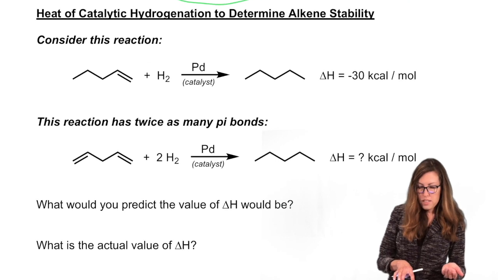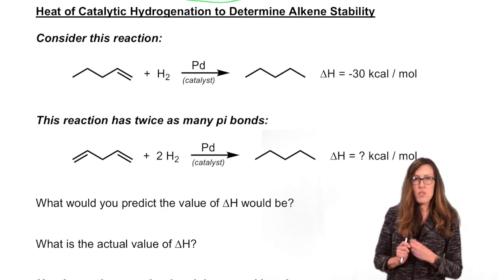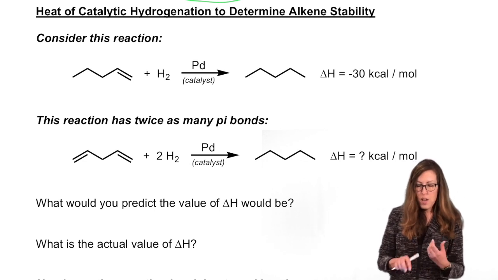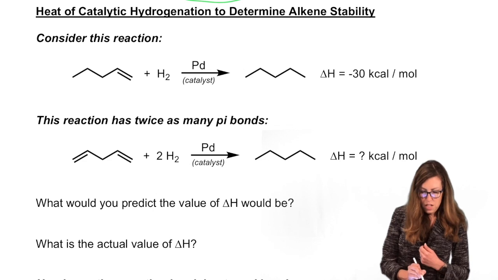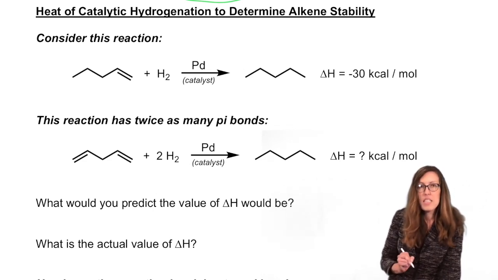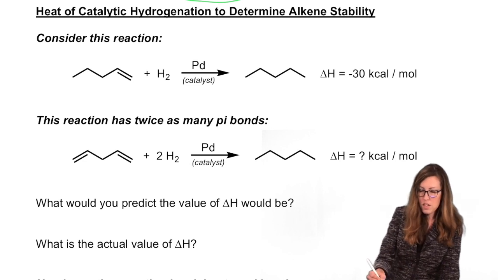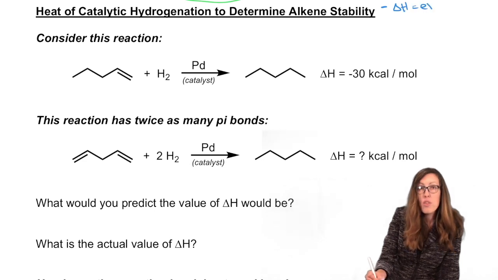One way to do this is to look at enthalpies of reaction, so the actual energetics. You should have a little background from general chemistry to recall what enthalpy is. Remember, that's the heat of a reaction. And so just really crude overview, if we have a negative delta H, that means we have an exothermic reaction.